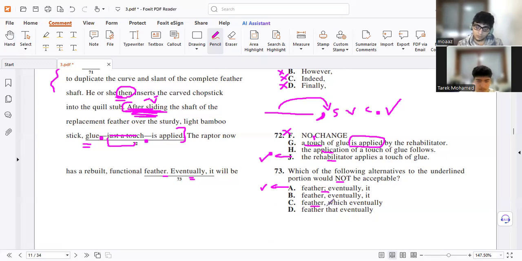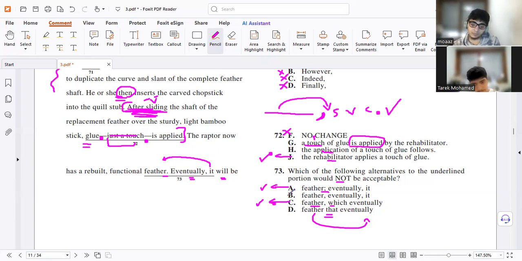Look here: feather, which eventually will be. So it's correct because it refers to the feather, the same meaning. So C is correct. Here, which means the same, the feather will be the same meaning. So we change the structure, but we keep the meaning as it is intended.